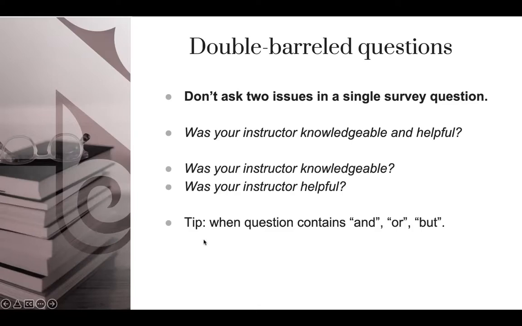So it is recommended to break down such questions into two parts. One helpful tip for spotting questions like this is to look at the words "and" or "but" in your question formulation. They can sometimes help to easily spot double-barreled questions.